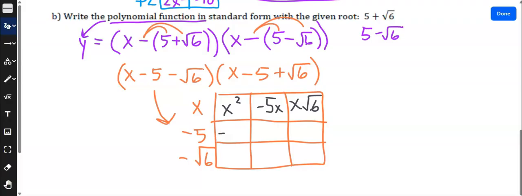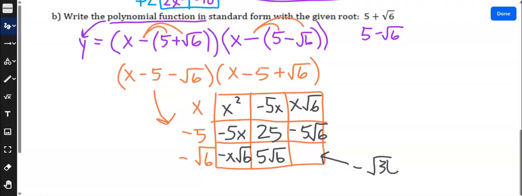Then on the next row, I got a negative 5x. I got a positive 25. And I got a negative 5 square root 6. On the bottom row, negative x square root 6. And then positive 5 square root 6. And then lastly, I have negative radical 36.